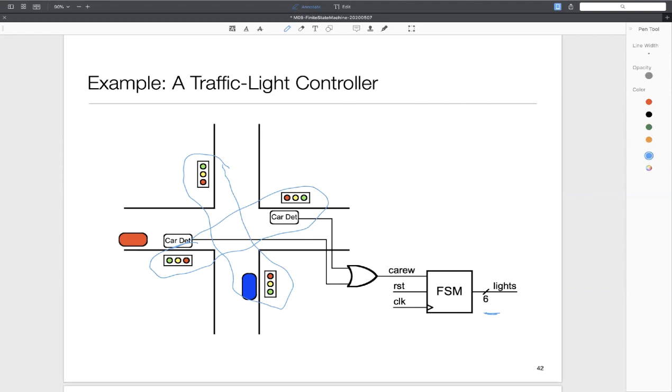Okay, and just to make sure, this is our detecting sensor. Professor? Yeah, go ahead. So the 6 in this diagram isn't the number of bits, right? It's just the number of lights.